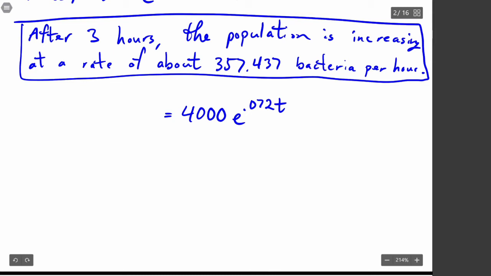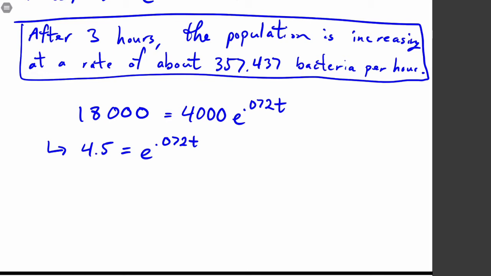What we want to do is take that and set it equal to 18,000, because that's what we want to know: after what time will this equal 18,000? So we set it equal to 18,000, and now we need to solve for t. Divide both sides by 4,000, and we have 4.5 = e^(0.072t).